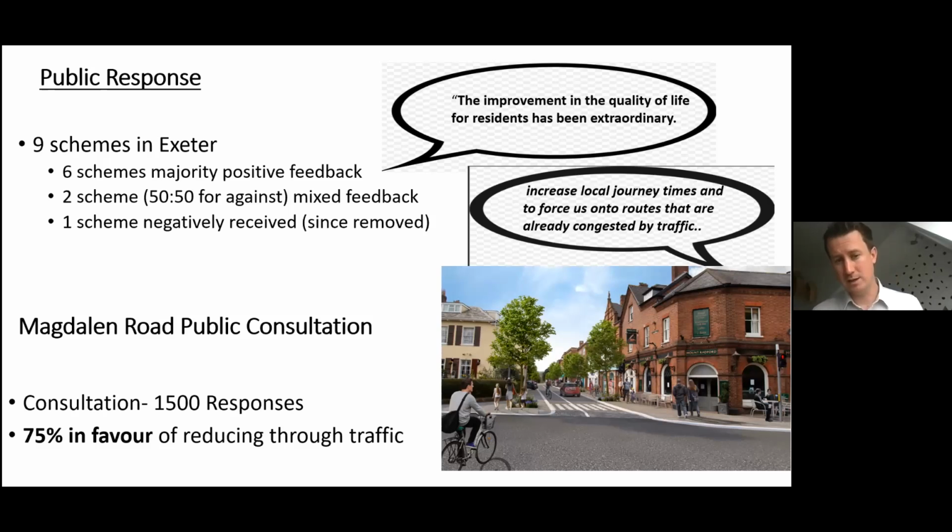But when we went to do a large public consultation earlier this year, 75% of people were in favour of reducing traffic through that street. So, there's mixed views on this from the public, but I think the perception we've had from schemes we've done is that the public are broadly in favour.